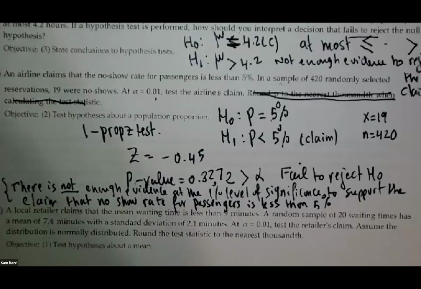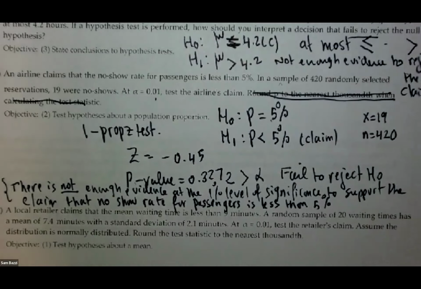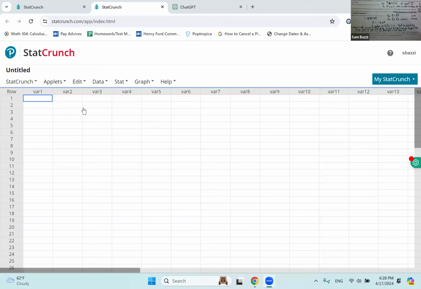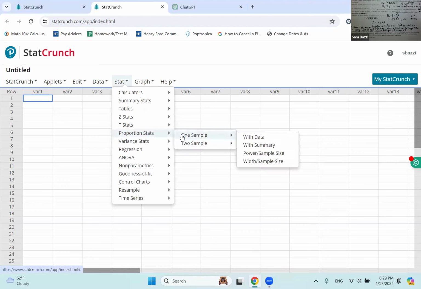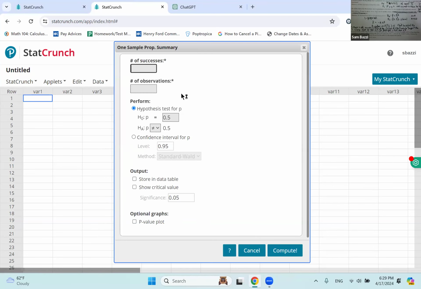Now, how do you use StatCrunch for this one? Let me show you. Okay, let me share the screen. Okay, you can see the screen right now. So you go to Stat, Proportion Stat, one sample, it's only one sample, with summary. Number of successes is X, which is 19.